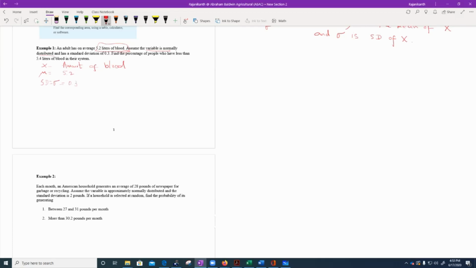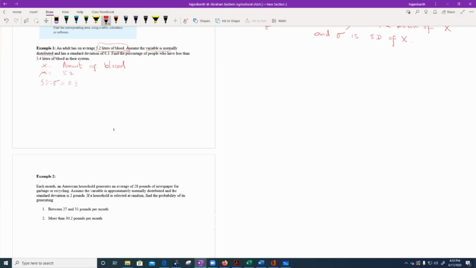So read the problem and write down everything in symbolic way. Now, what is the question actually? The question is you need to find out the percentage of the people. That means the probability, right? The probability of the persons whose blood level is less than 5.4.